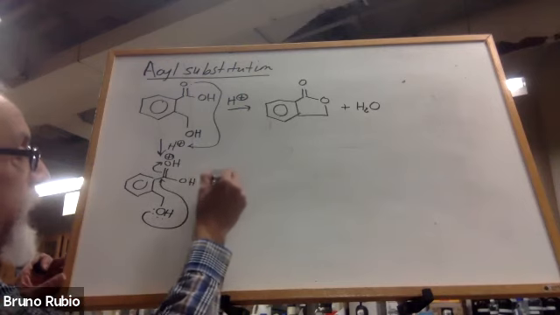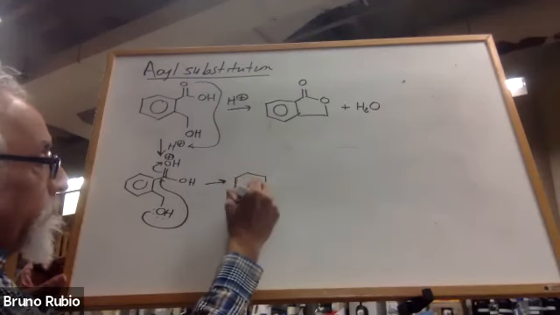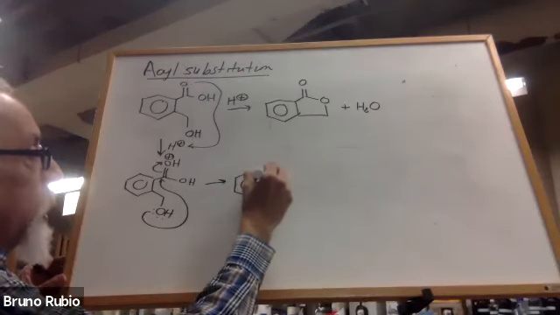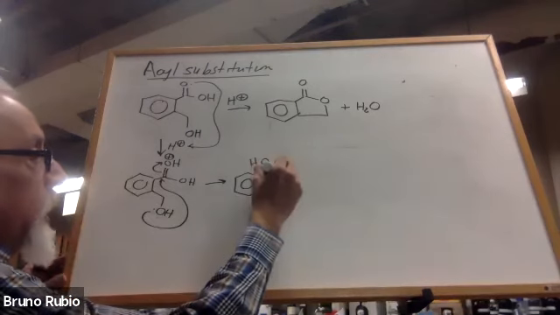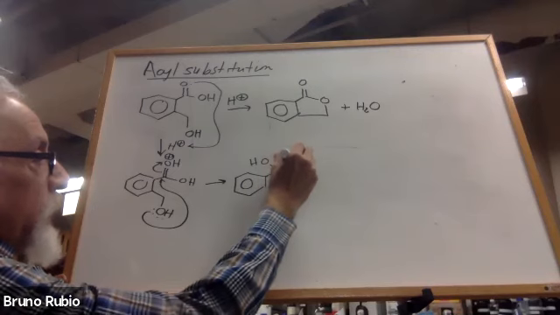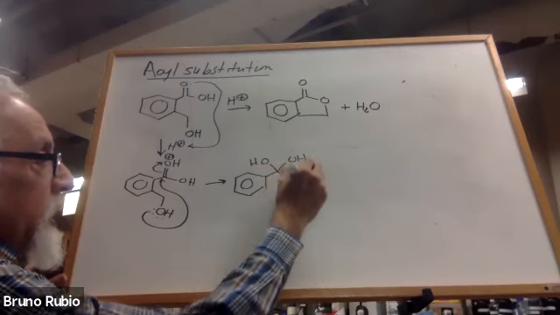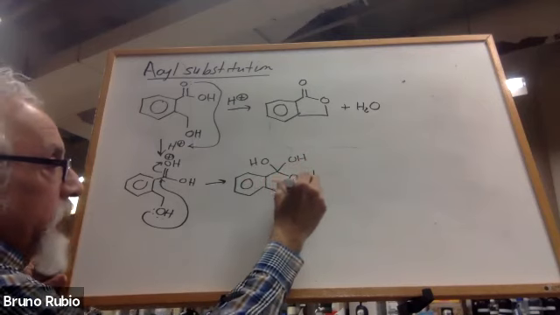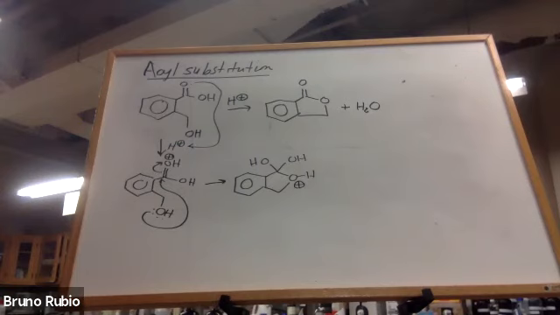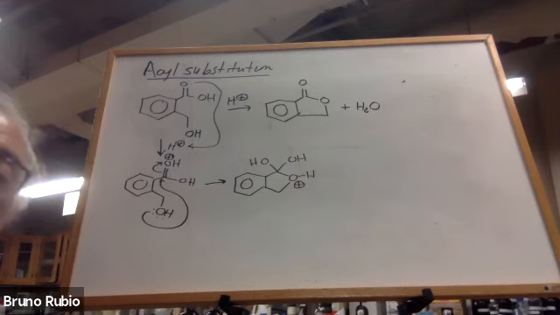And so our next intermediate is going to have OH over here. That OH that was originally present is still there, and the nucleophilic oxygen atom came in. Notice that this oxygen here has a positive charge on it because we're under acidic conditions.